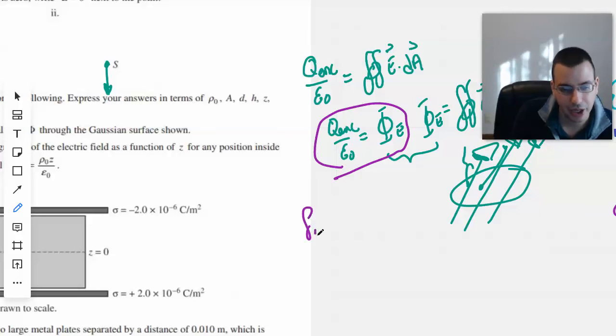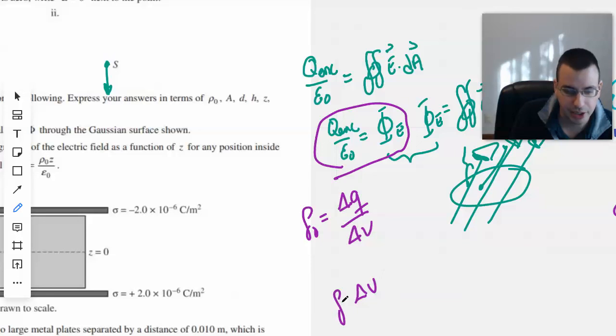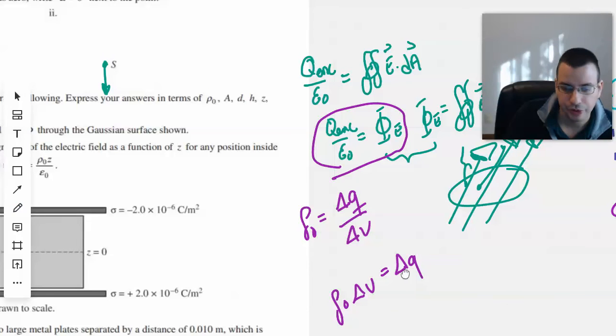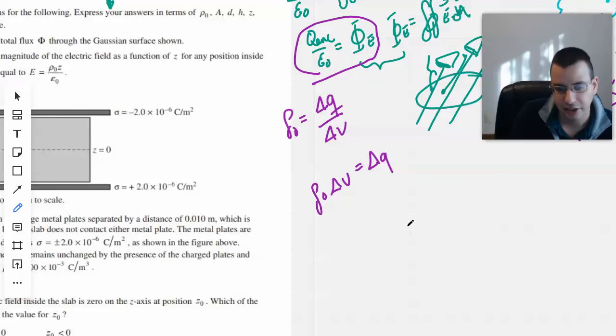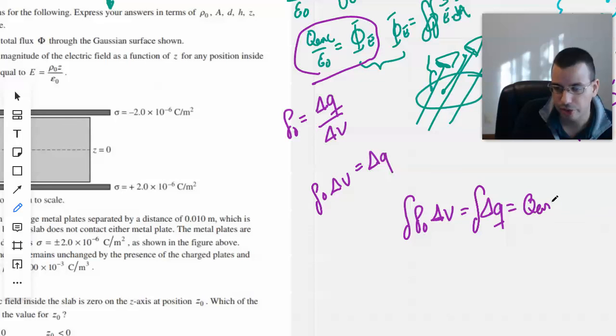So we have rho naught, which equals a small amount of charge for a small given amount of volume. Delta V times rho naught equals delta Q. Take the integral of both sides: rho naught, which is a constant and can be pulled out, times the integral of delta V equals the integral of delta Q, which will be Q enclosed.